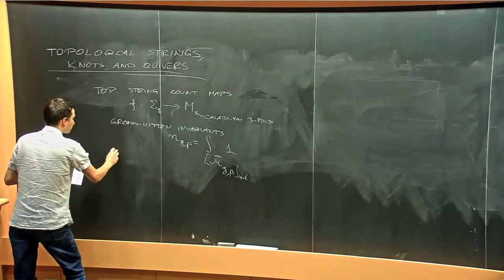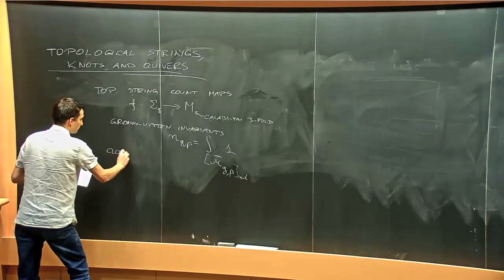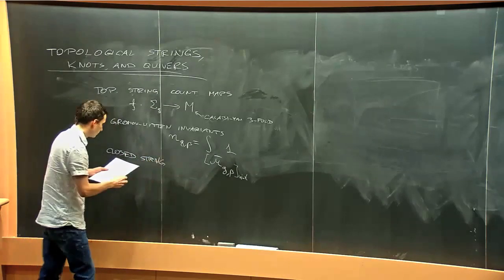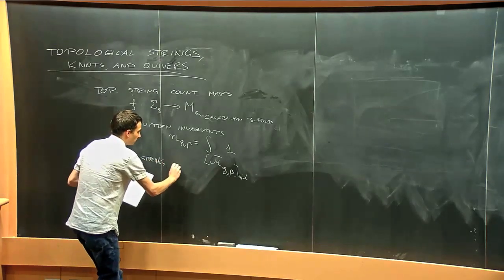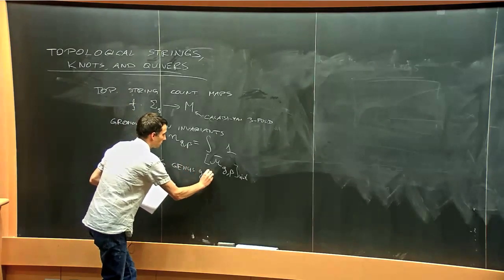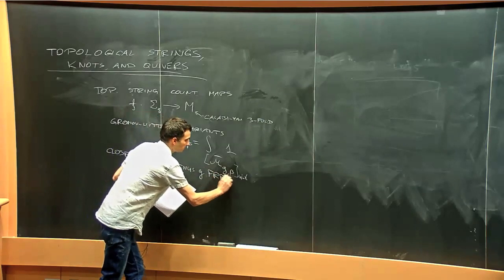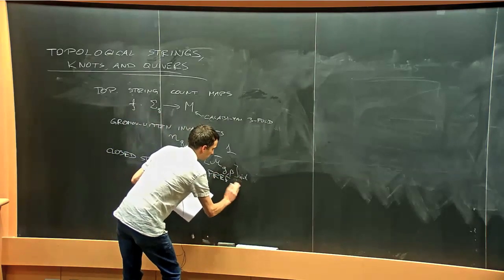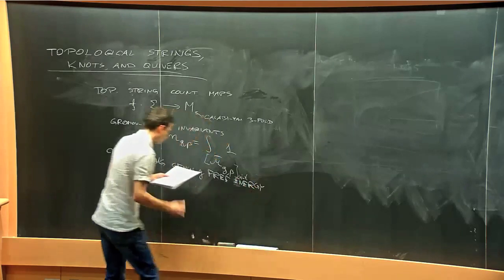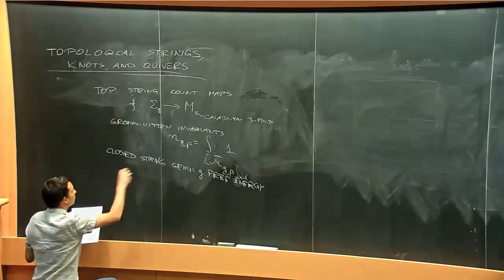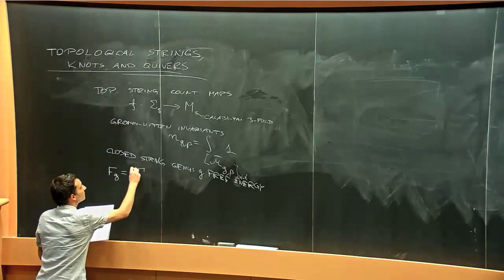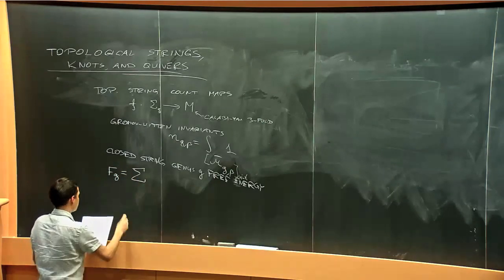And once one knows these invariants, one can construct so-called closed string free energy of some genus g, which is a generating function of all these Gromov-Witten invariants.